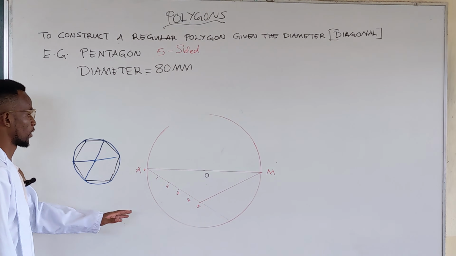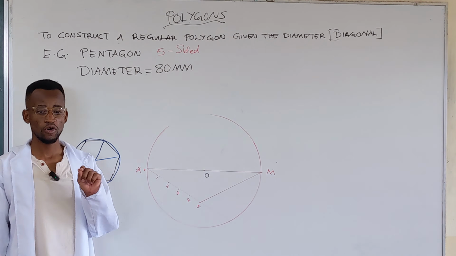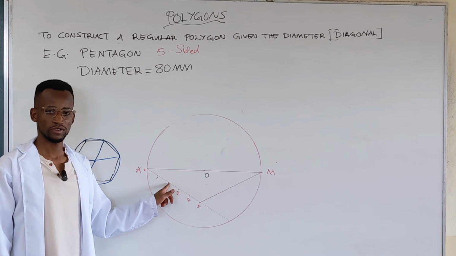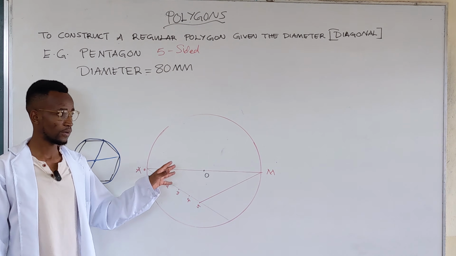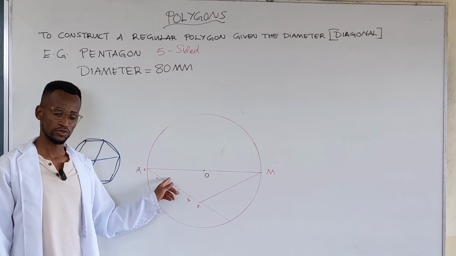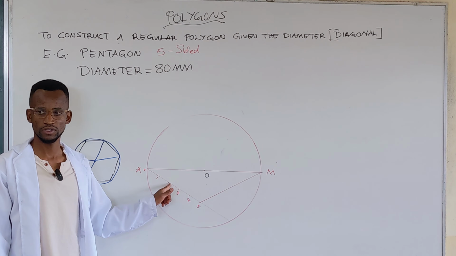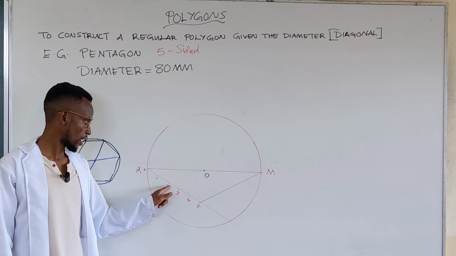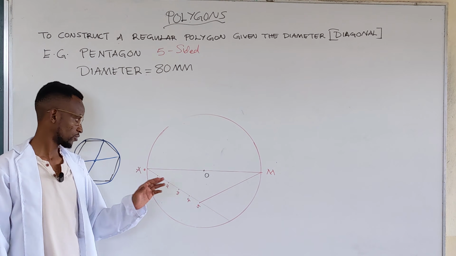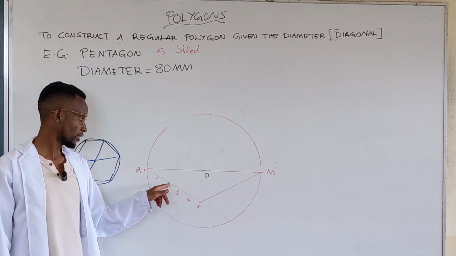So at this point, after joining this last point to the last point of the line, you are only interested in one point, which is point 2. For this method that we're using, we are only interested in point 2. So you start as if you're dividing the line into a number of equal parts, but you're only interested in this point. So you just draw a parallel line to the reference line, the last line, at point 2, to cut the line.